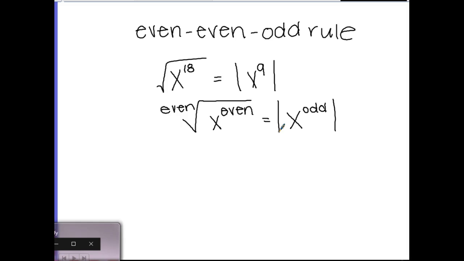Yeah. So it comes out as the absolute value of 5, though. So if you treated the square root of -5 squared, and you said, oh, the square root and the square cancel, and you wrote -5, that's not the same. Put your absolute values on it, you get the 5. That's where the absolute value rule comes into play.